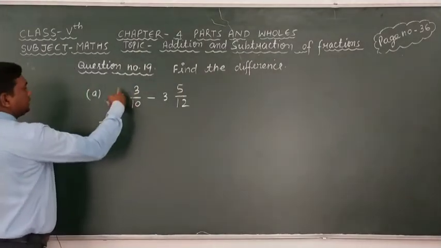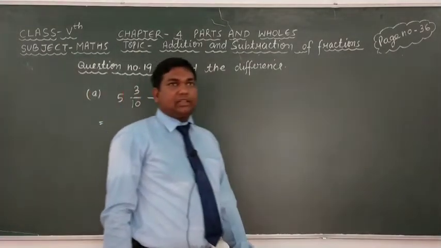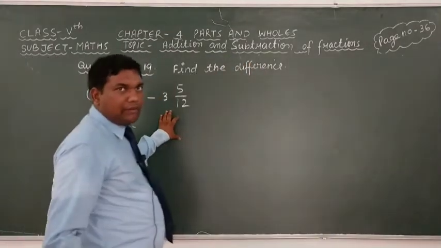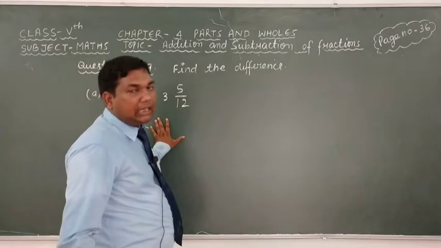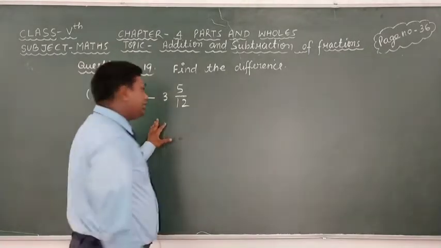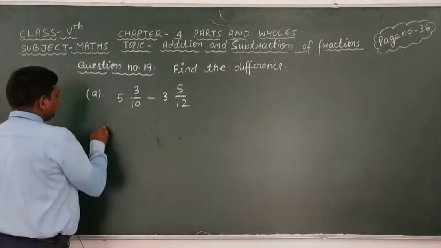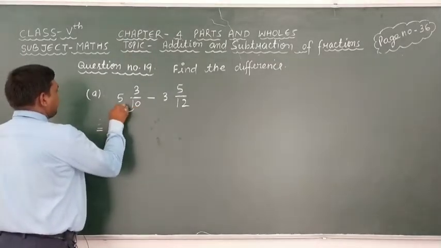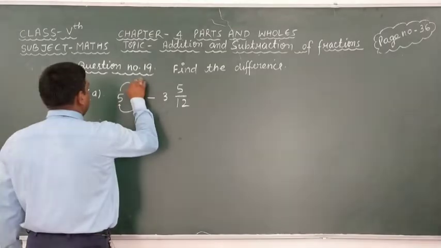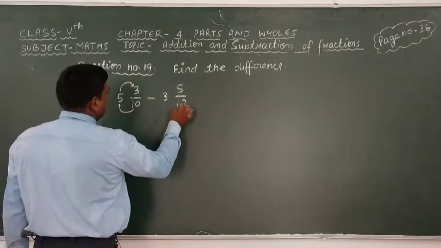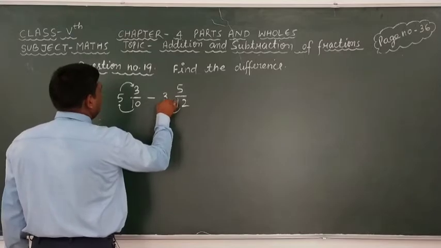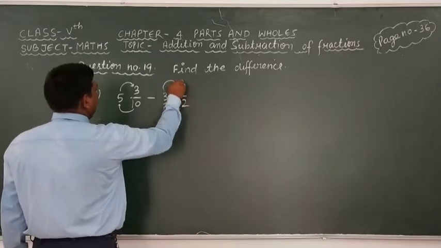Here two mixed fractions are given. Firstly we have to change the given mixed fractions into improper fractions. We multiply 10 by 5, then add 3. Similarly, we multiply 12 by 3, then add 5.